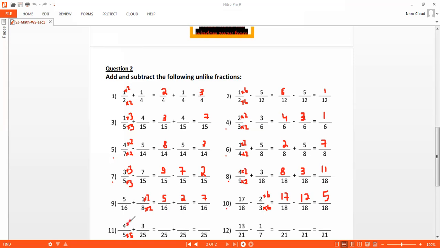Yes, so I get 20 over 25. Bravo. Plus, we copy the second fraction as it is, yeah, miss. Plus 3. Very good. And now the final answer. 23 over 25. Bravo.